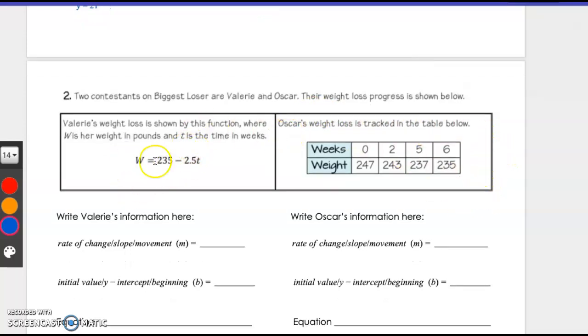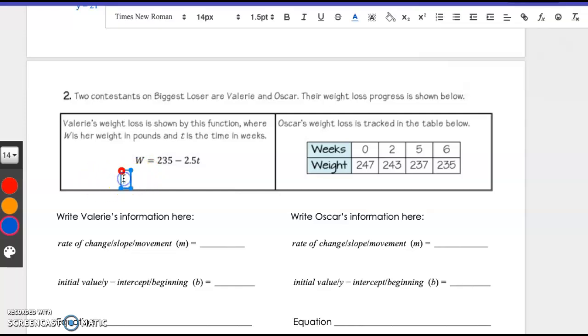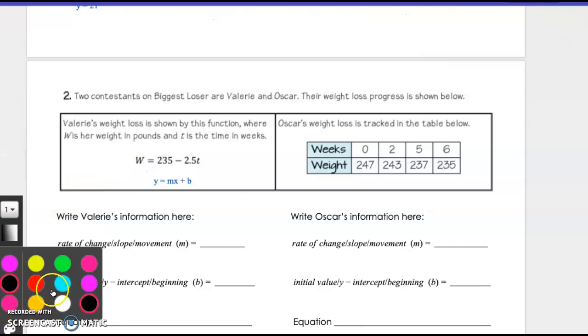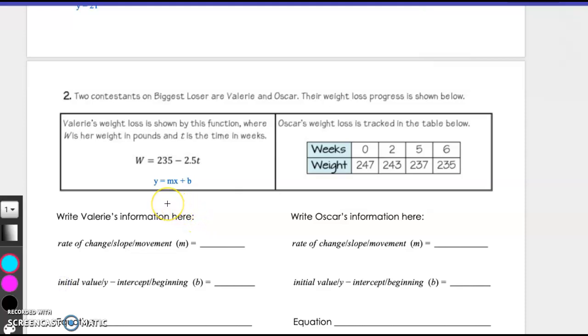So this is kind of a weird equation, but remember overall our equation is y equals mx plus b, where m stands for movement or slope, b stands for beginning, y-intercept, initial value. Let's figure out how these match up.